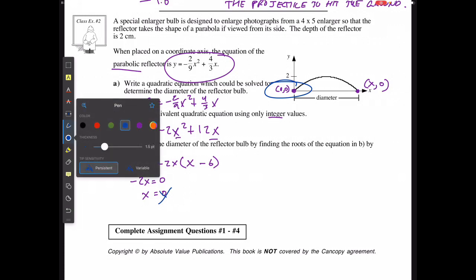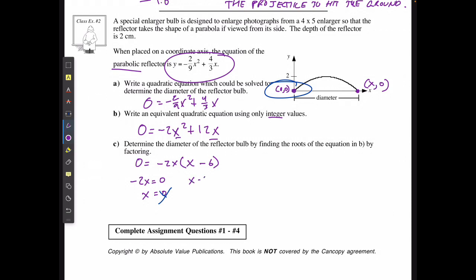The other possibility is if x minus 6 is equal to 0, x is going to equal 6. And this does make sense, which means that the diameter is 6, in this case in centimeters.